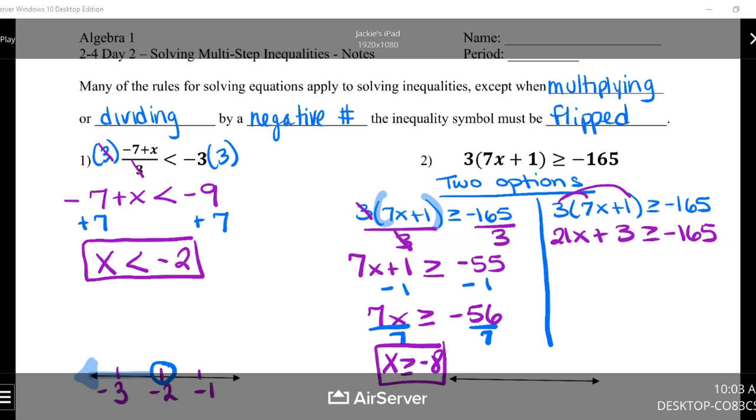If you prefer to distribute and kind of keep it the same and follow the same steps for every problem, that's totally fine. So on the right side, after you distribute, you would subtract 3 from both sides. And divide both sides by 21.